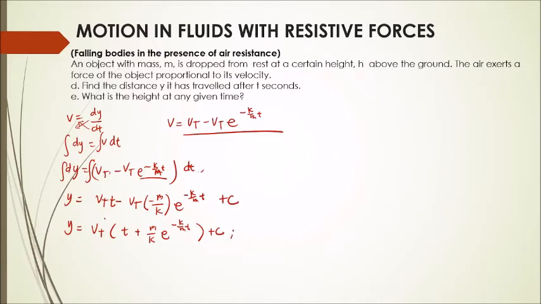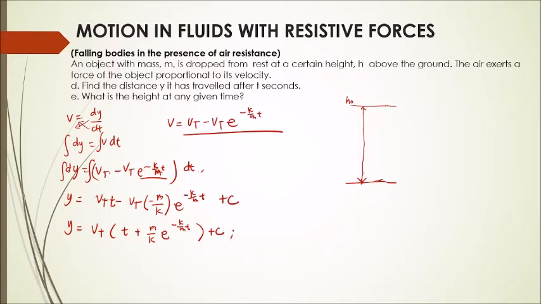Now, what initial condition can we apply? For y, the distance traveled, let's say we draw here our object. This is our initial height. This is the ground. Then, this y is actually the distance traveled.